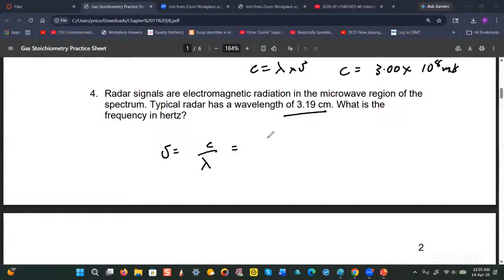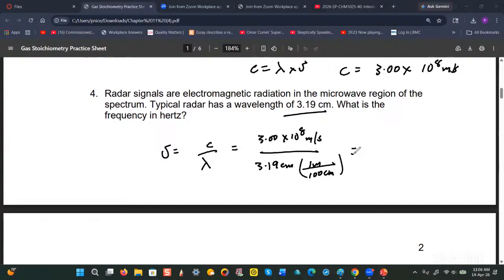So that would be the C divided by the wavelength, which is 3.19 centimeters. But we have to convert this to what? Meters. Exactly. So we multiply by 1 meter above divided by 100 centimeters below. And that's the setup.